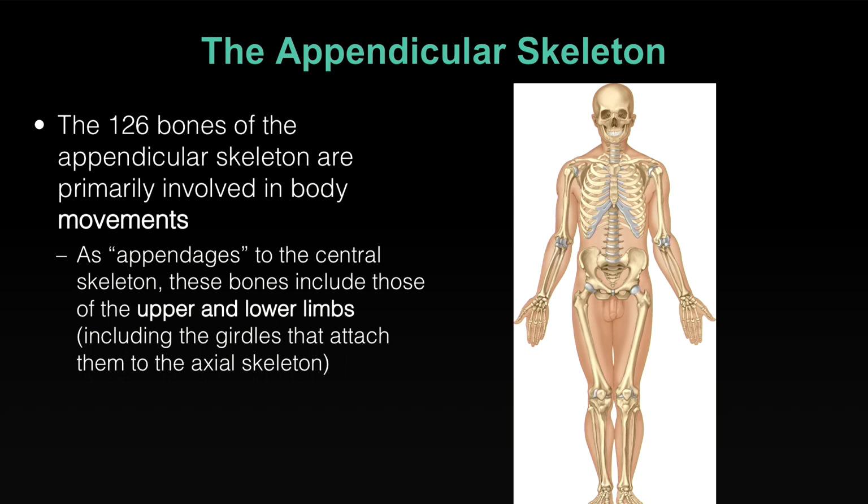It can also protect. Put your arms up if somebody threw a ball at you, for instance. You can use your appendicular skeleton in a protective mode, but its main function is to interact with the environment.